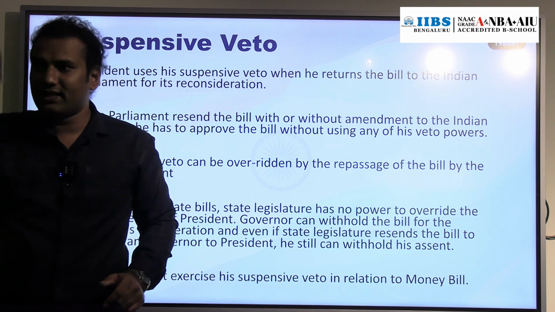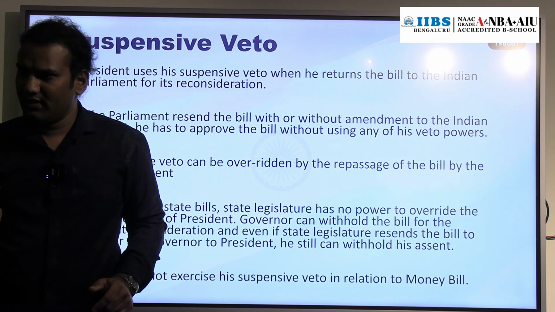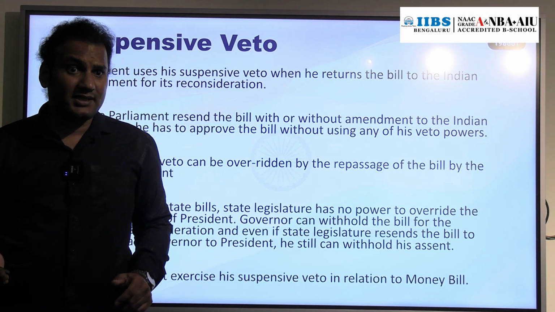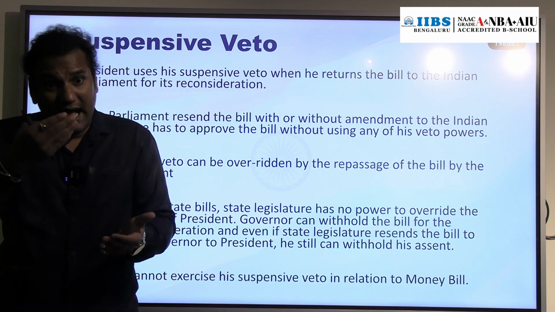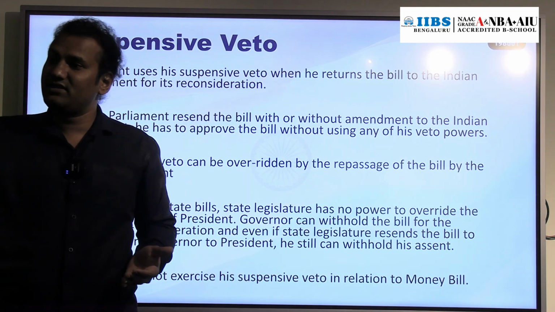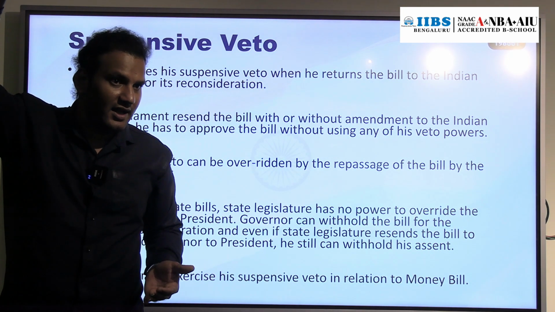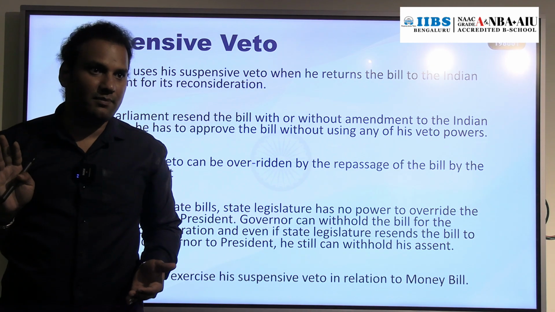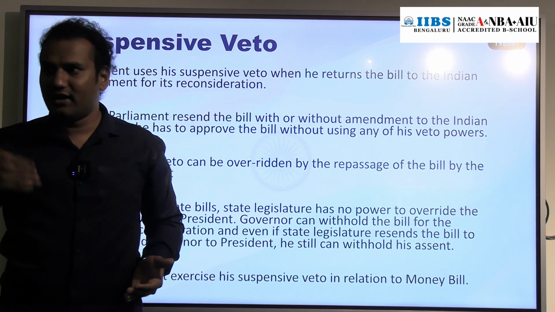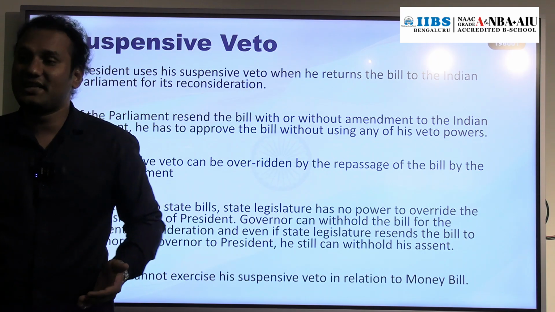Then the president will return the bill to the state. Then the state will pass the bill with or without changes. Again the second time the state bill will be sent for the assent of the president. Then the second time also the president can return it. Third time also the president can return the bill, not reject.